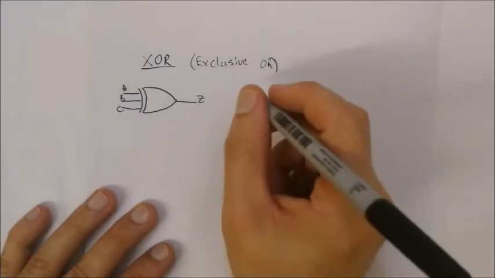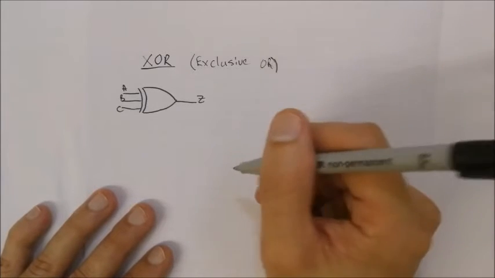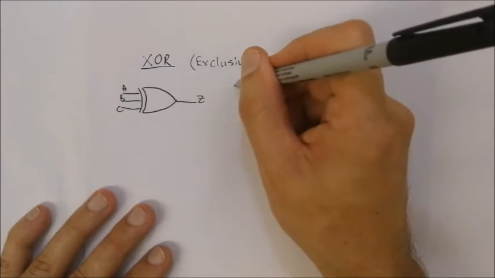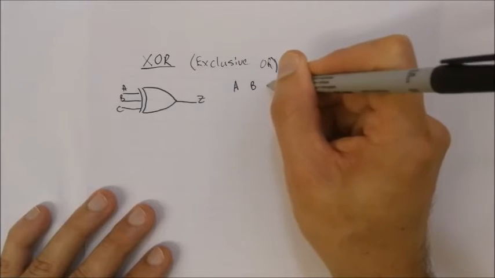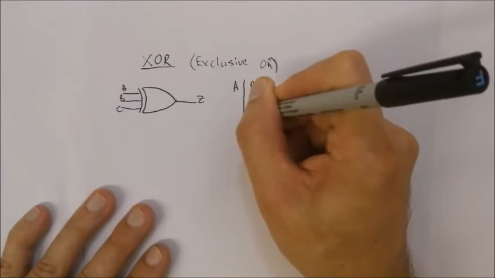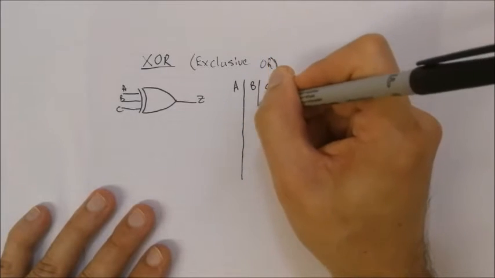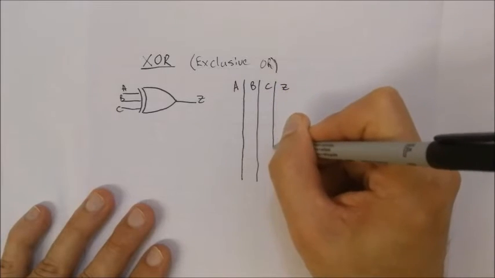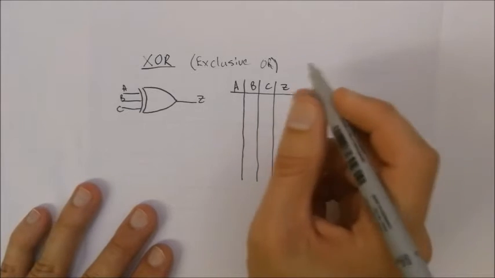The truth table. For this one, I'll actually do 3 different inputs. The same thing applies, and you'll see there's a pattern that we've got to take into account. So we've got A, B, C, and output Z. We do our table, and we're going to be looking at all the possible inputs that there are.